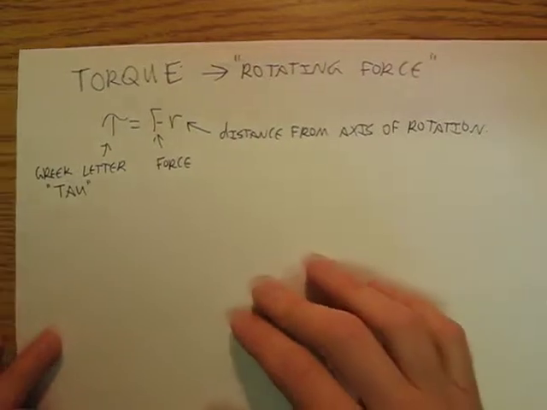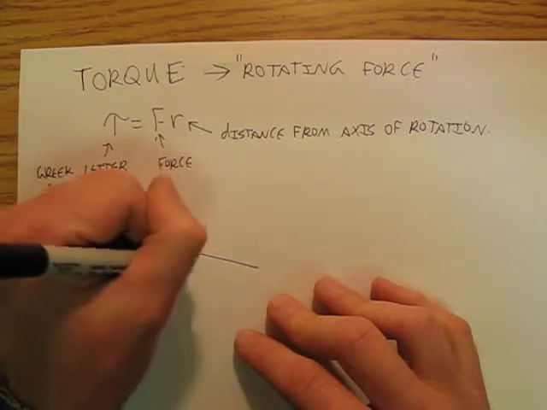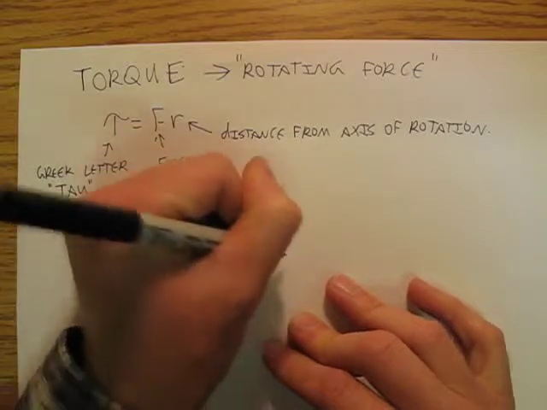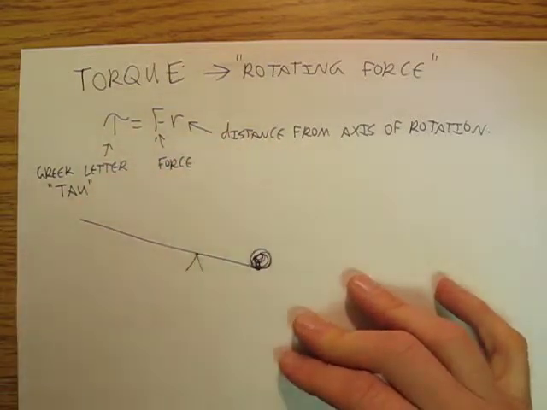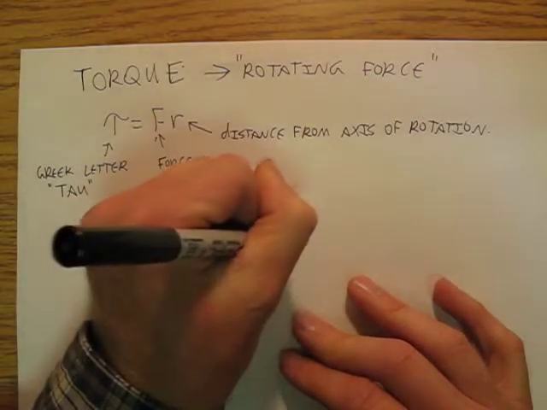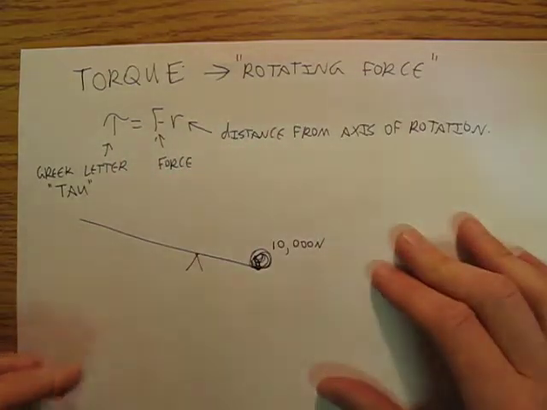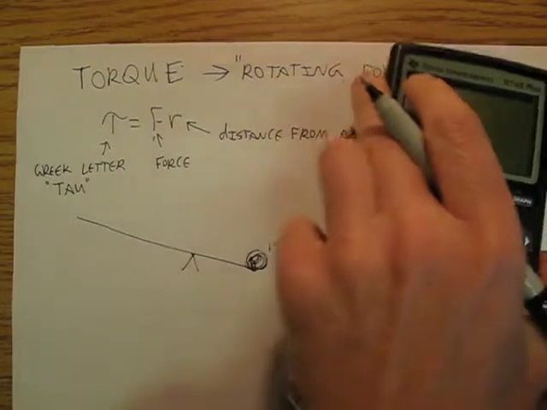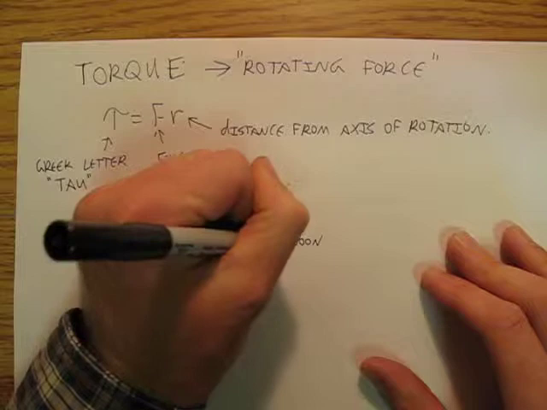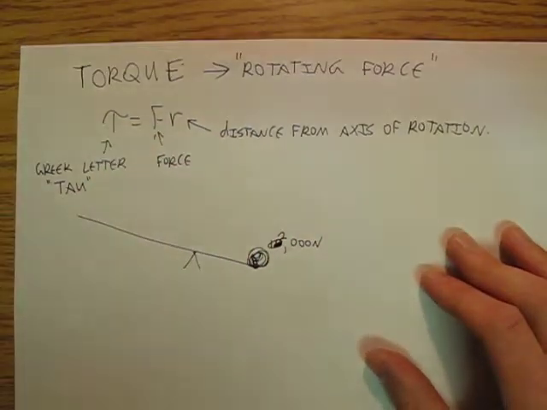Okay, so let's consider that we have a simple situation here. We've got a rock, and let's say the rock weighs 2,000 newtons.